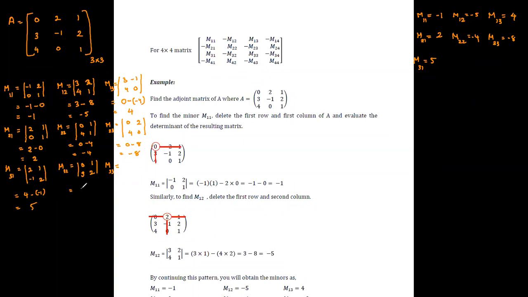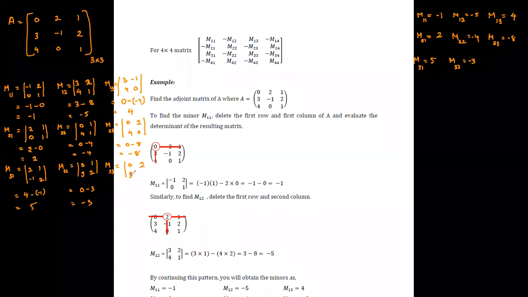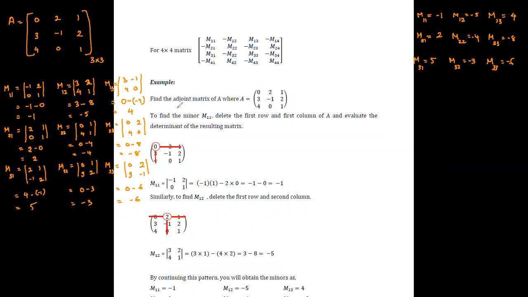Then taking the cross multiplication, 0 minus 3 equals minus 3. M32 equals minus 3. Then for M33, the third row and third column are cut off, then 0, 2, 3 and minus 1. 0 times minus 1, minus 3 times 2, equals minus 6. Then M33 equals minus 6.